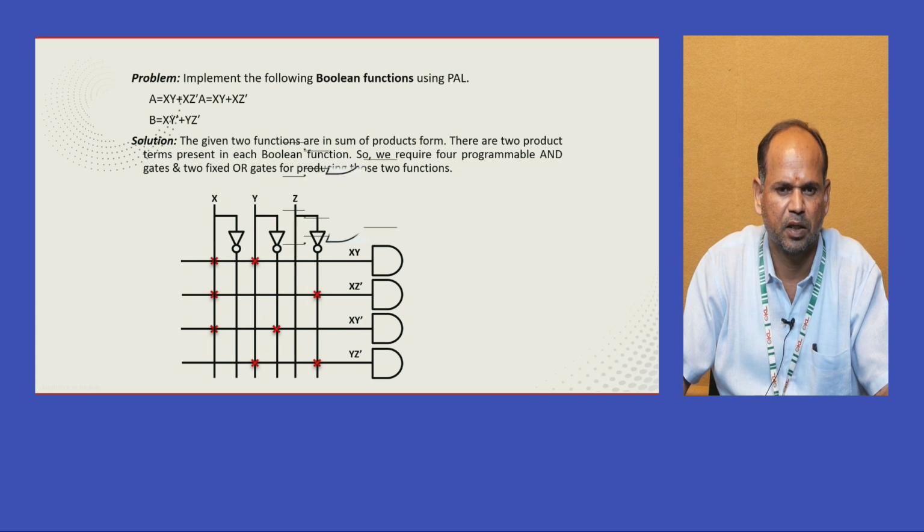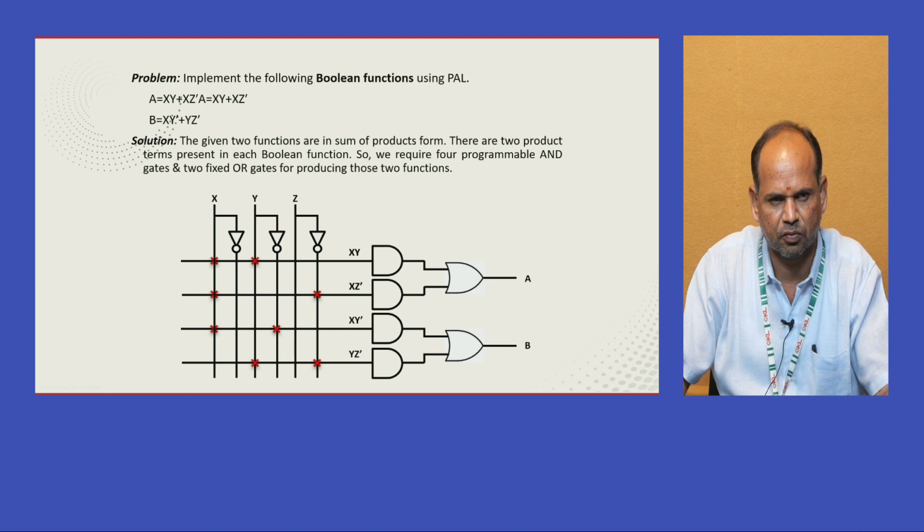After that, then you can combine both min terms for the A output and B output and verify whether the designed programmable array logic is correct or wrong. That should be from output to the input. That is, capital A is equivalent to xy plus xz bar.